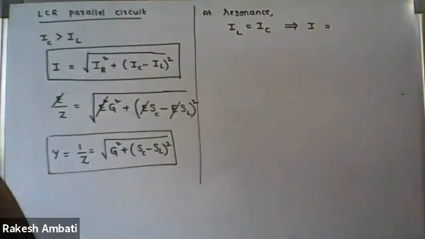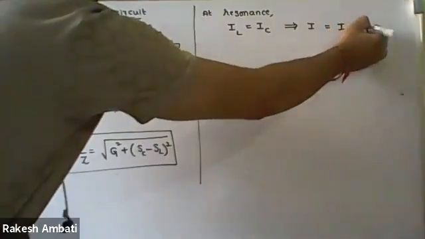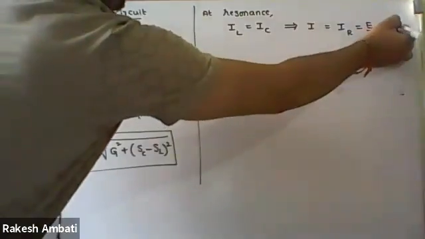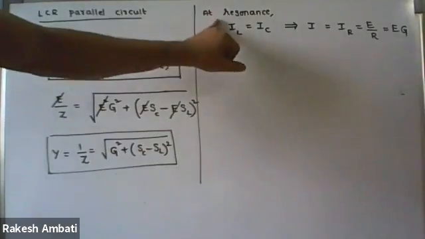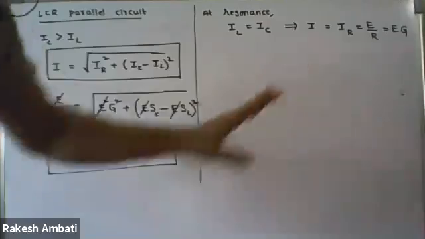It is IR, and IR is nothing but E upon R, or else E into G. So at resonance, IL and IC are equal, which is a way to find the resultant current.